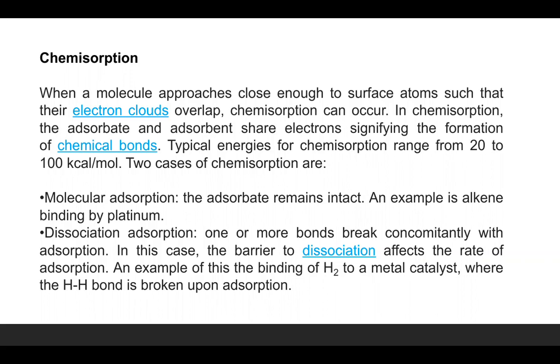The bond is stronger than in physisorption. So the contact, the binding between the adsorbent and the adsorbate, is stronger than in physisorption. Examples of chemisorption are molecular adsorption and dissociative adsorption.